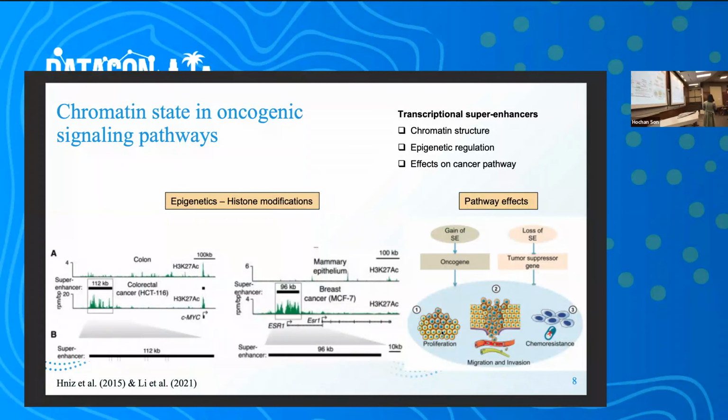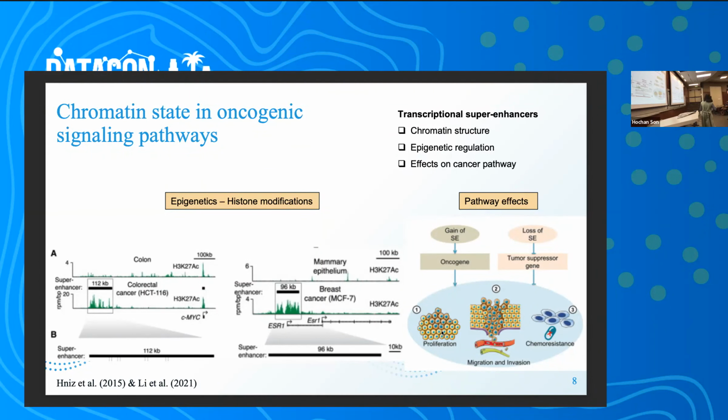And for the epigenetic regulation, which is the activators, in this case we have a high intensity of acetylated histone 3 lysine 27. This high intensity signifies a super enhancer in the colon cancer and breast cancer cohorts compared to the normal cells, like normal colon cells and normal mammary epithelial cells, where you don't see a lot of very high intensity in this area.